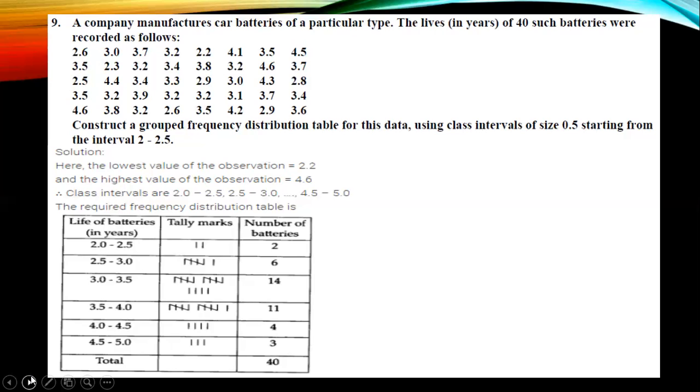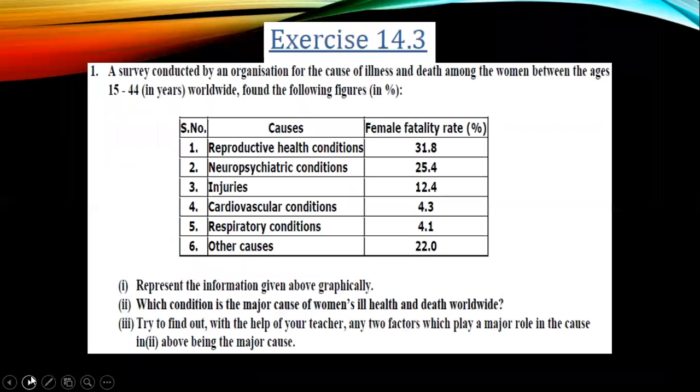If that's the case, let's quickly get to 3 more questions from exercise 14.3, wherein you are supposed to make bar graphs. So while you solve this sum, please ensure you have a graph paper ready with you with the x and the y axis lines drawn properly.